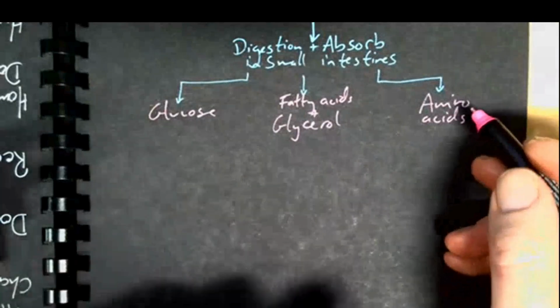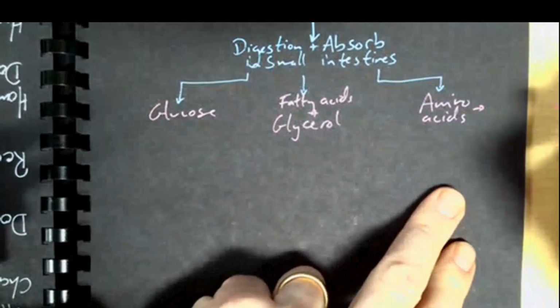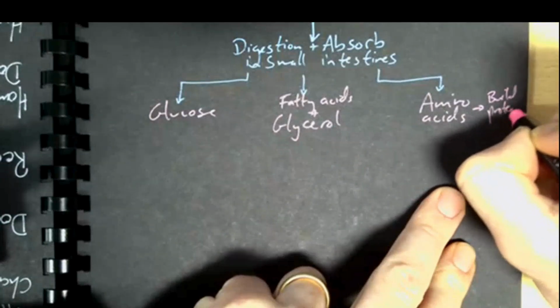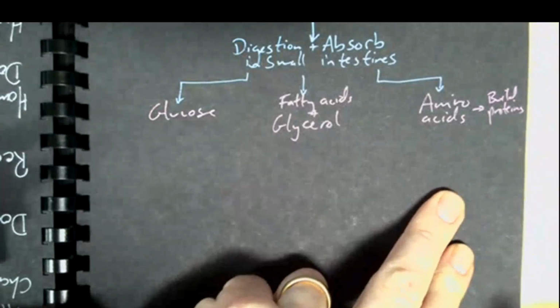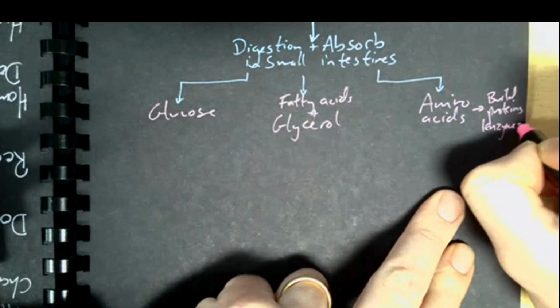So firstly, our amino acids we know can be used to build proteins. For example, your own enzymes are proteins.